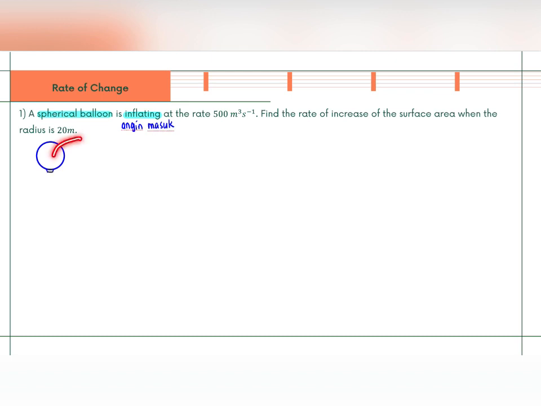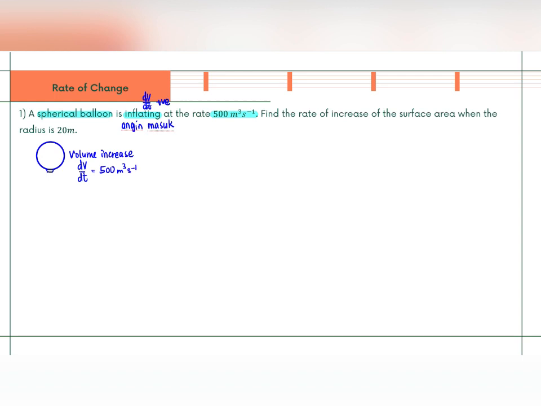Angin dimasukkan dalam balloon. So that means our dV, volume of the balloon kat sini adalah positif. Okay. And at the rate of 500 meter cube per second. Okay. So bila volume increase, so dekat sini kita ada dV over dt equals to 500 meter cube per second.